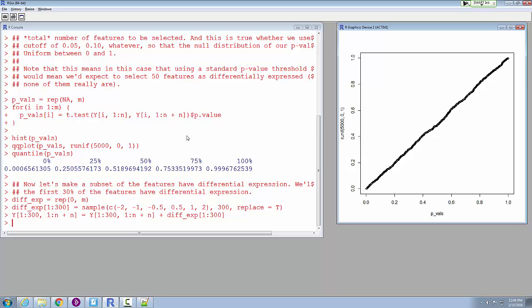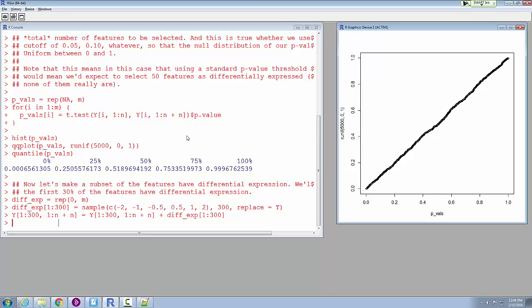So that means the mean for each of the first 300 rows, the mean in comparison group 1 is different from that in comparison group 2. The rest of the features, the remaining 700, do not differ between the comparison groups.